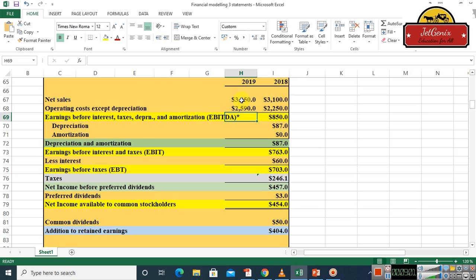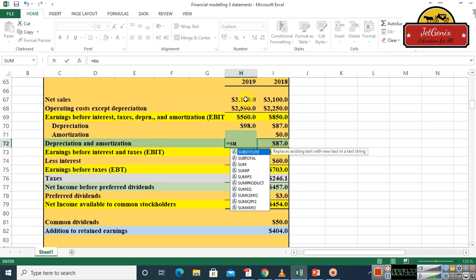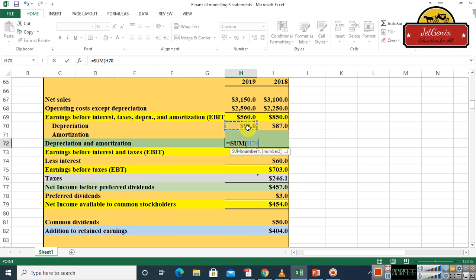Here I am going to calculate EBITDA, which is sales minus operating cost, and this is 560. The depreciation amount, let's say, is 98, and the amortization is 0. So here I am going to calculate the depreciation and amortization by summing both, which is equivalent to 98, because this company has 0 amortization.